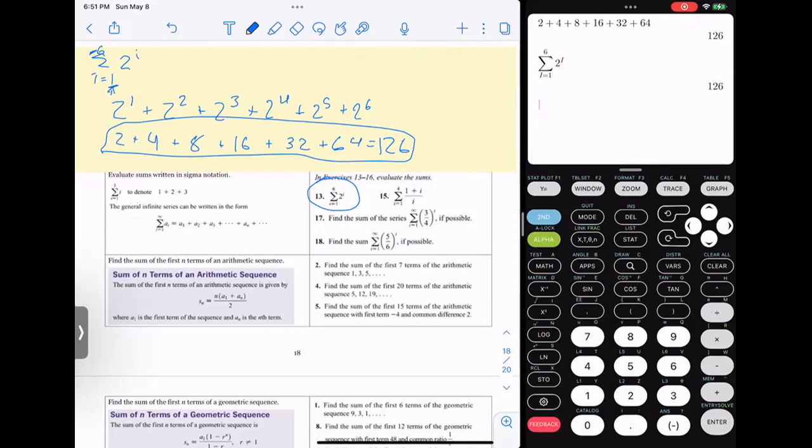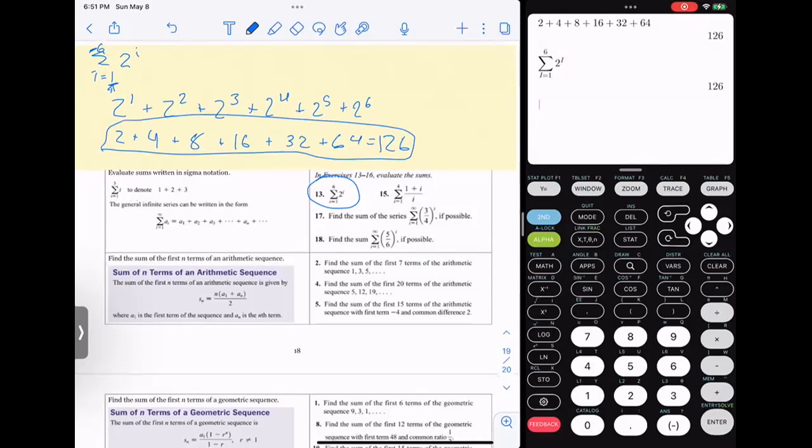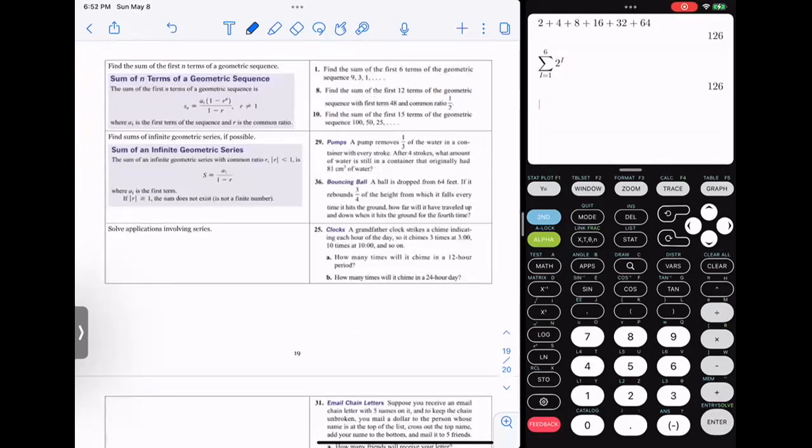Any questions on that one? No more questions on that one. We can look at page 19. Any questions on page 19?